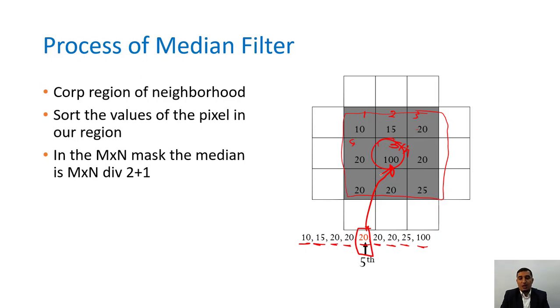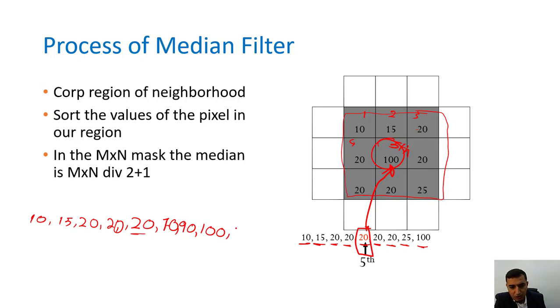Now, compare this to averaging. Let's say I had pixels with the values of 10, 15, 20, then 20, then 20, then 70, then 90, then 100. Okay, so over here this is our fifth, so I will need another one, so 200.